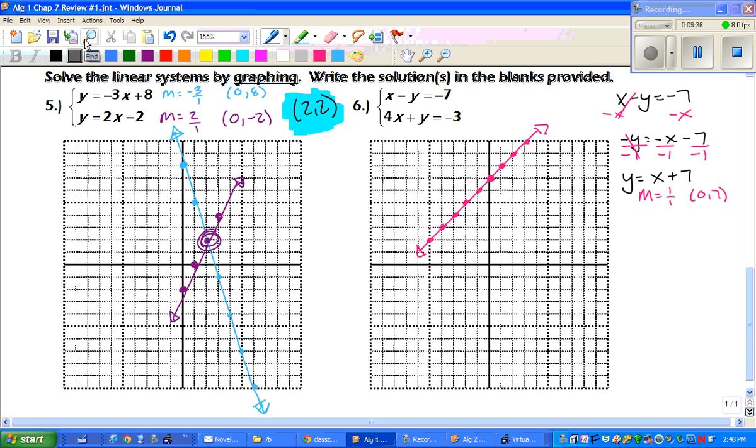All right, now we've got to do the other one, but it doesn't look like it's too bad. Subtract the 4x, we get y equals negative 4x minus 3.